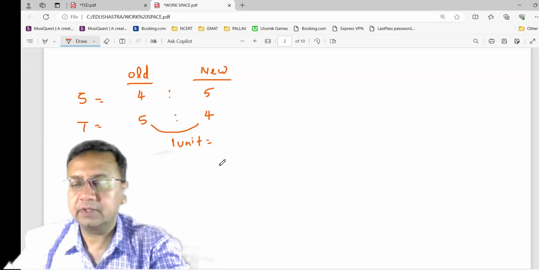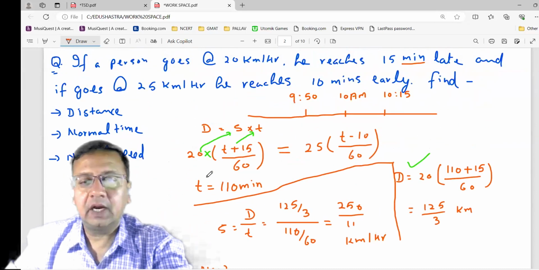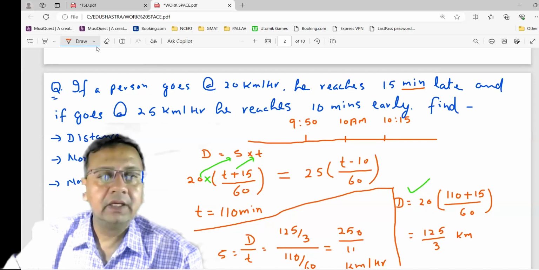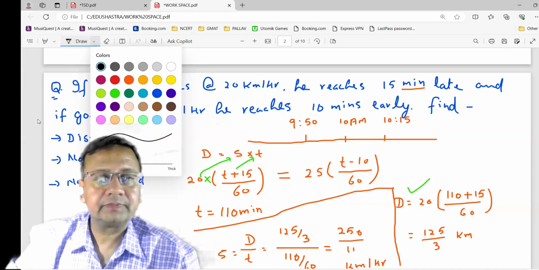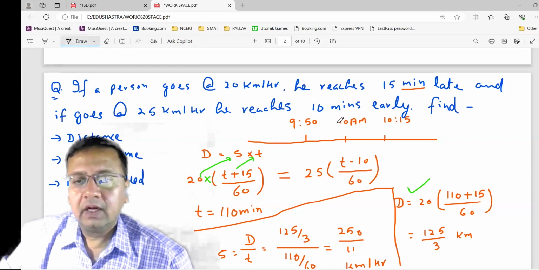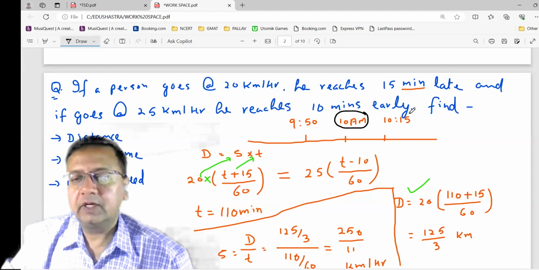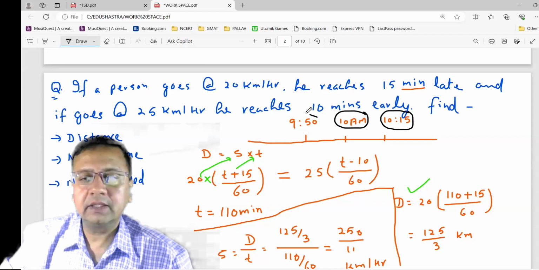Absolutely, Hardik. Absolutely correct. See this. I told you to just make a picture in the mind, right? So see here, normal time is this, 10 o'clock. One day you're reaching 10:15 and other day you're reaching 9:55, right?